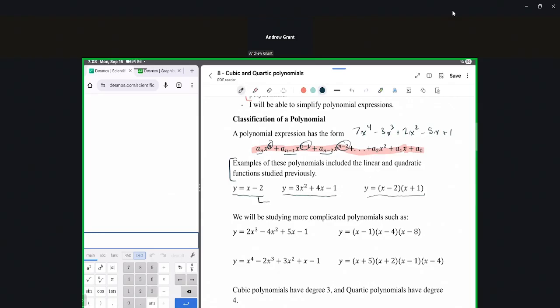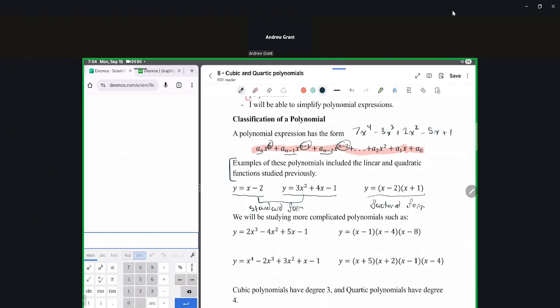If you notice, y equals x minus 2 and y equals 3x squared plus 4x minus 1 are written in what we called standard form. This last one is what's written in factored form.